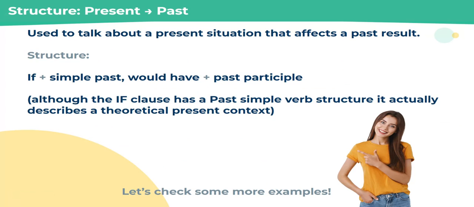If plus simple past, okay, and then would have plus past participle. However, it's important to note that although the if clause has a past simple verb structure, it actually describes a theoretical present context. Okay, so let's have a look at some more examples.